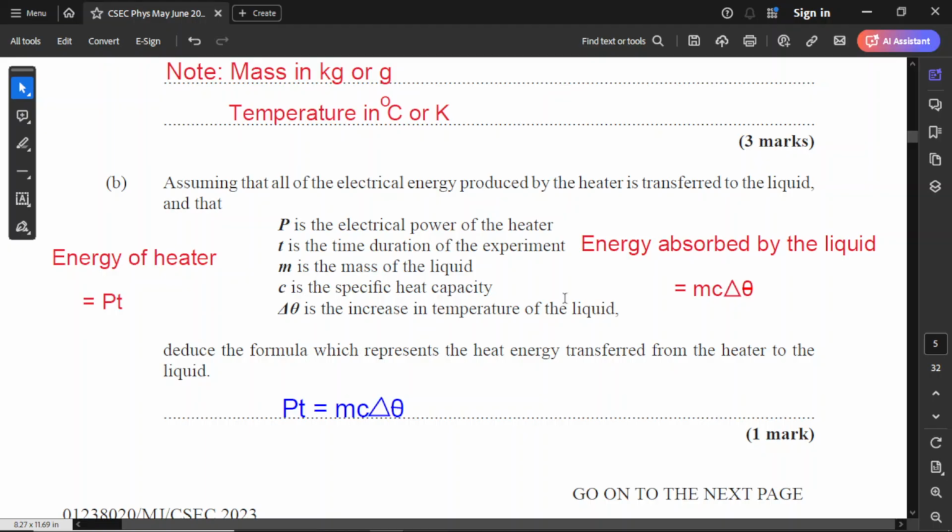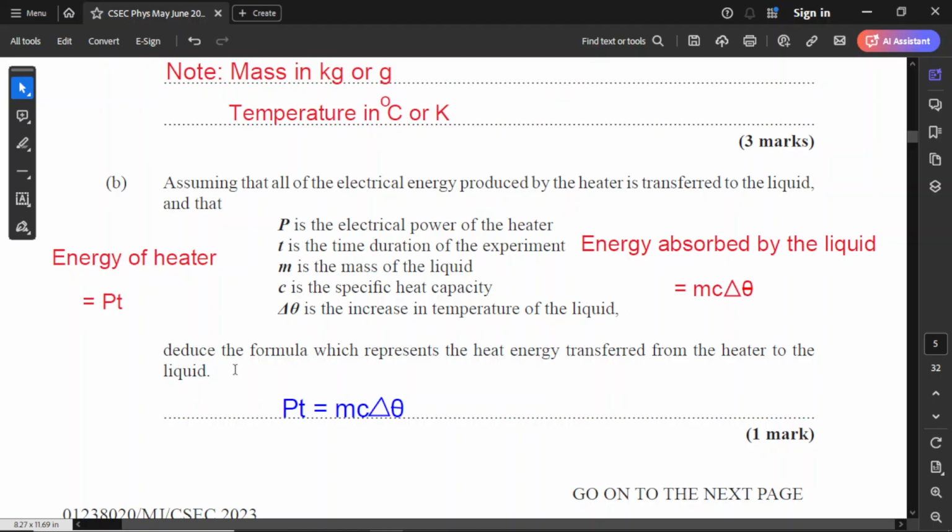All right. And so just a point to note right here, for us to understand what's going to happen here, we know that energy of the heater is given as power times time, and energy absorbed by the liquid is m c delta theta.